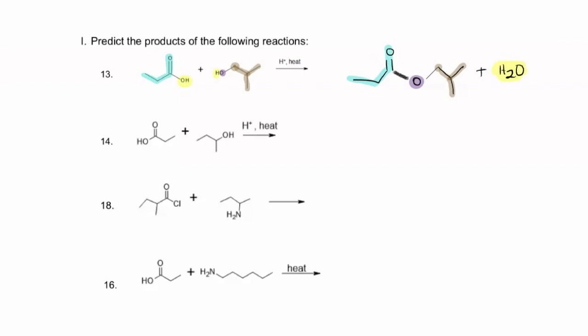In example 14, we again have a carboxylic acid and an alcohol. In this molecule, remember that the OH goes away with the H in the alcohol, and that's what forms water.